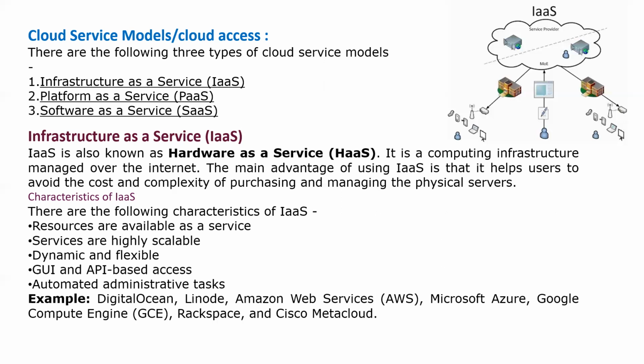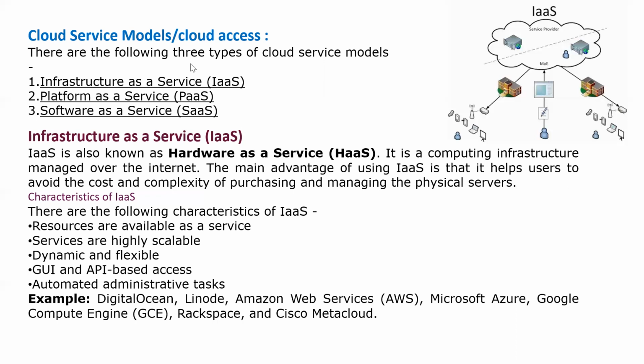Now, the first cloud access type or service that is provided is called IaaS, which is also known as hardware as a service, HaaS. So this is another name for IaaS. Generally, this is a computing infrastructure, managed over the internet and provided to the user.